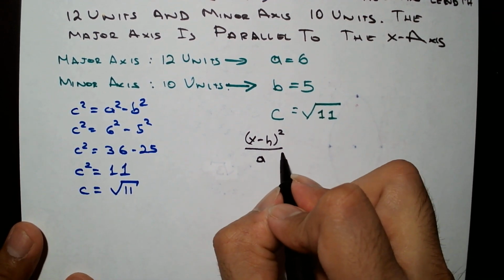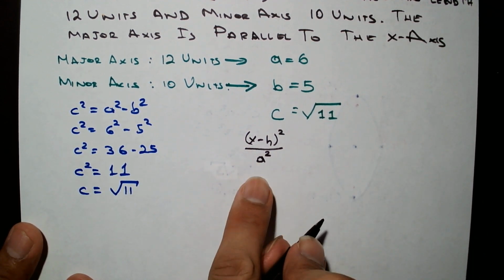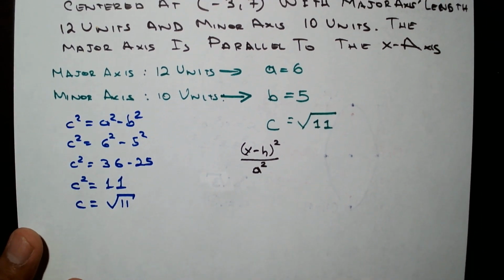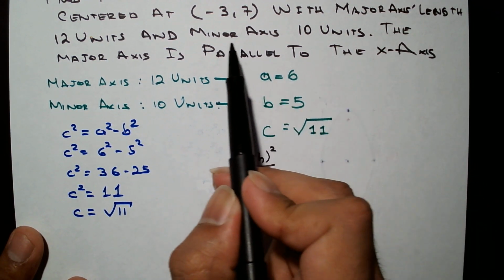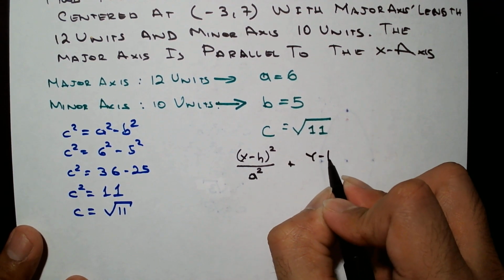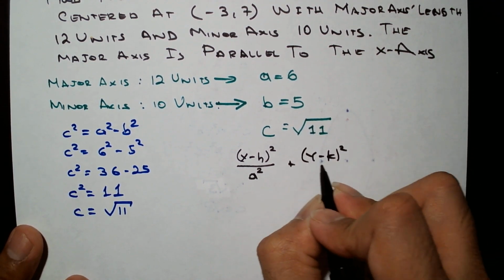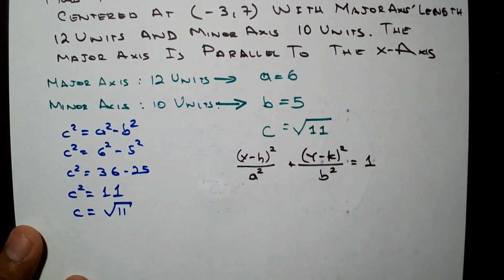Notice the a, in this case, is the denominator of the x variable because the ellipse is horizontal. That is, it's parallel to the x-axis. Y minus k squared over b squared, and that equals 1.